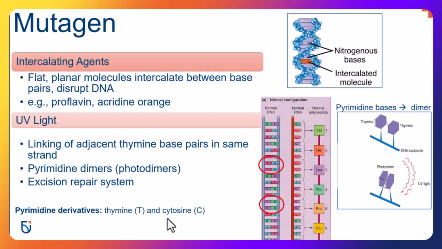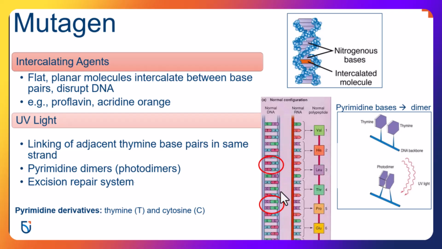So when someone's exposed to UV radiation, the UV radiation can cause, so this is the DNA backbone, the sugar and the phosphate, can cause any nitrogenous bases or nucleotides that are composed of thymine, particularly the thymine part, to sort of disengage from its associated partner.